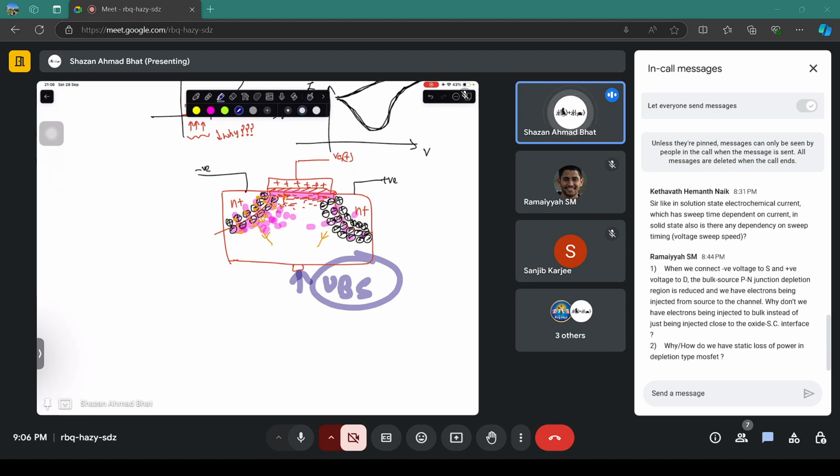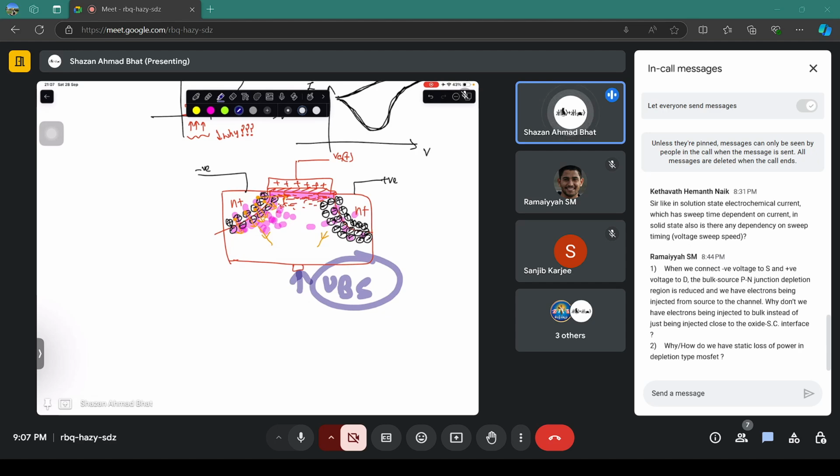But in these type of transistors, the current will not be zero, because even if the gate voltage is zero, there is already a channel formed in the depletion type mode. As a result, even if a small voltage is present between the drain and source terminals, the current will start to flow. And the current flows means the P equals I squared R losses will be still there, even if there is no gate voltage at all. So there is a conductive pathway always. You don't want that conductive pathway to be there.